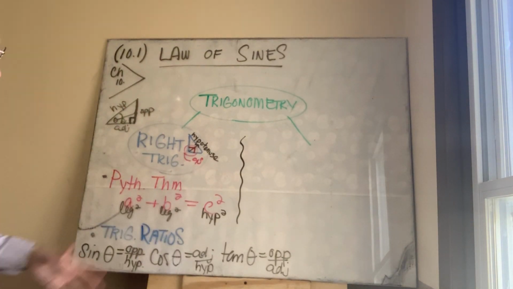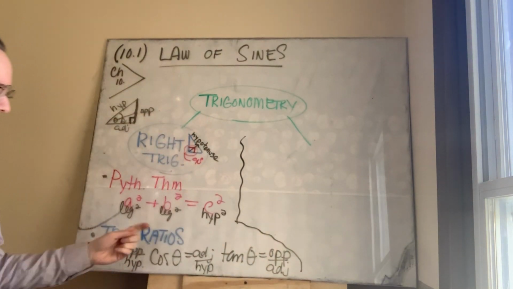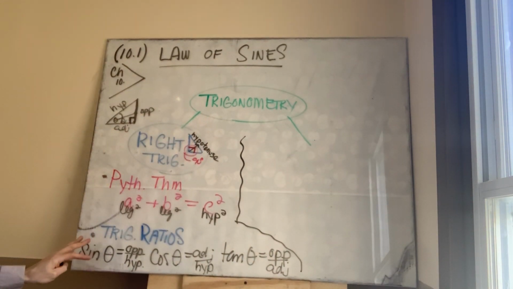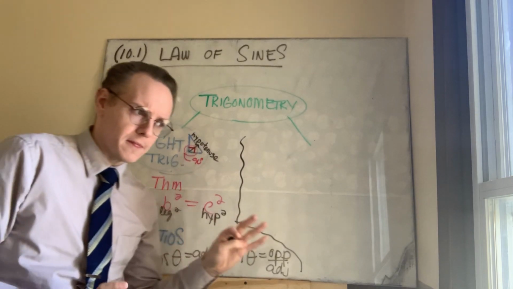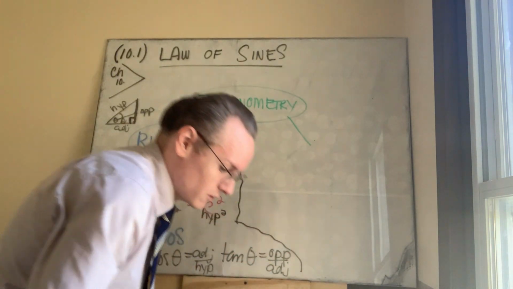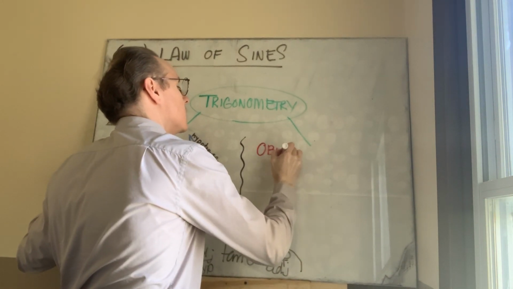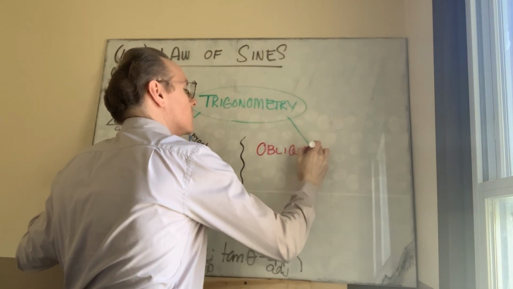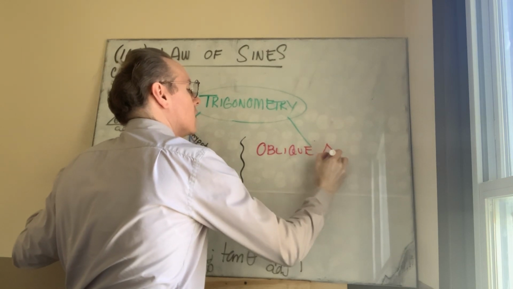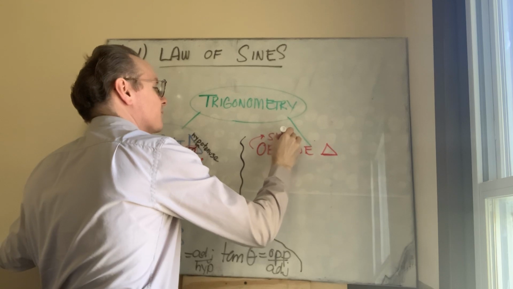So we'll have those, and just bear in mind, these are relationships that pertain to right triangle trigonometry. Now, of course, there's another category, right? And the other category is what they refer to as oblique triangles. Oblique triangles are basically slanted.